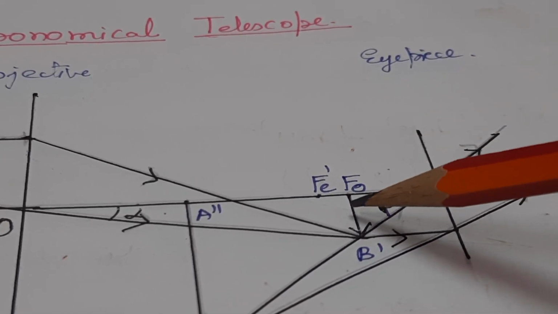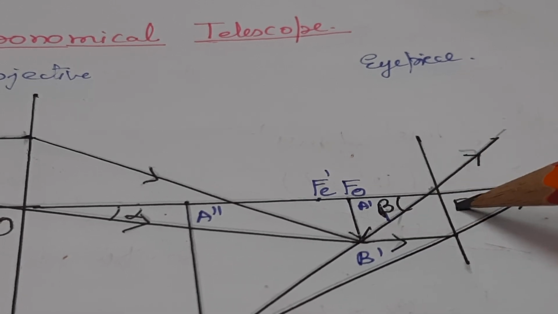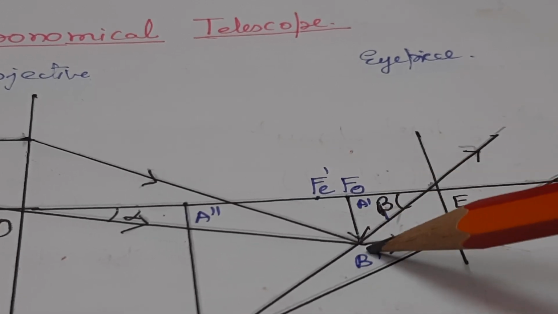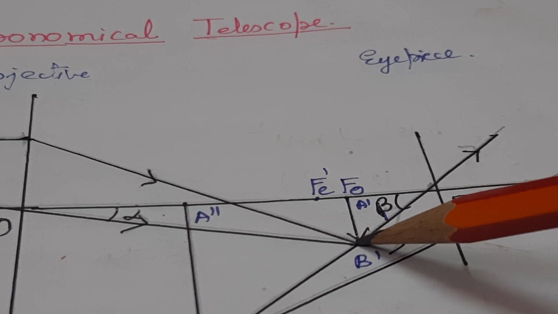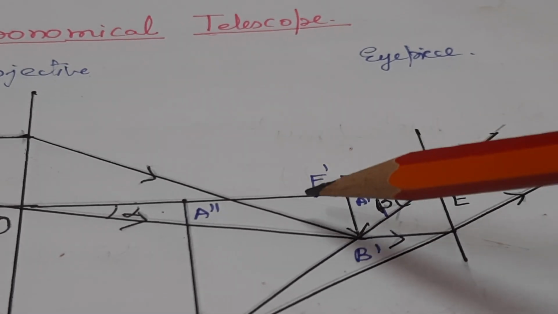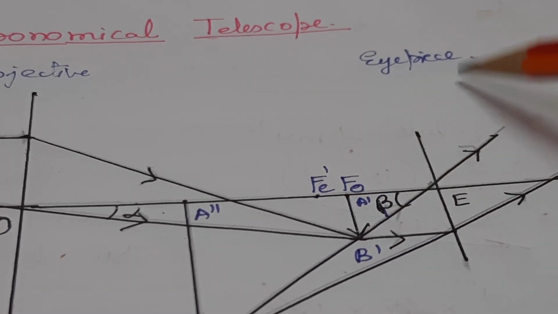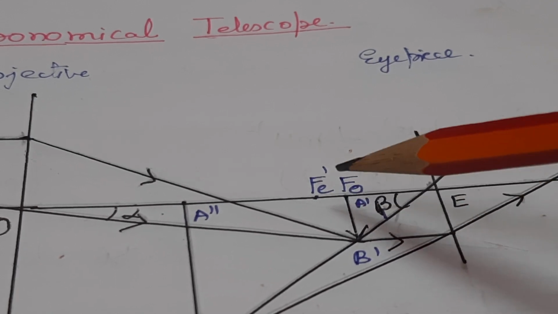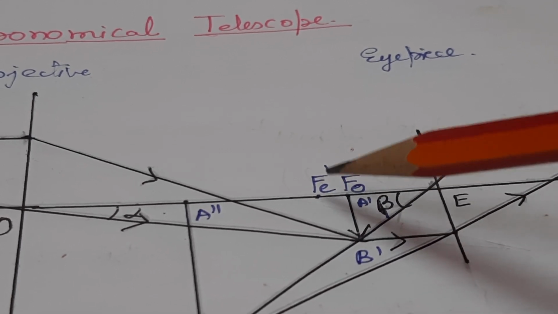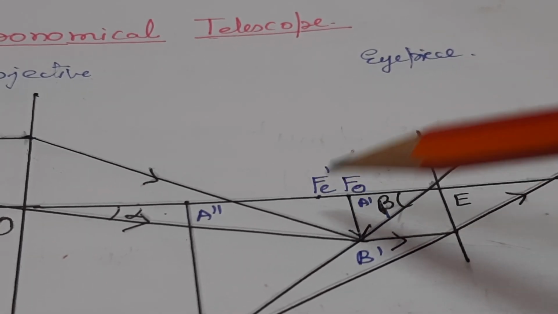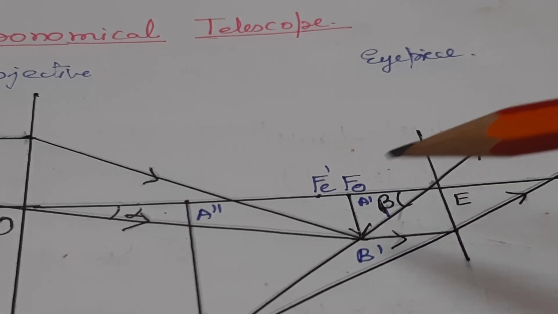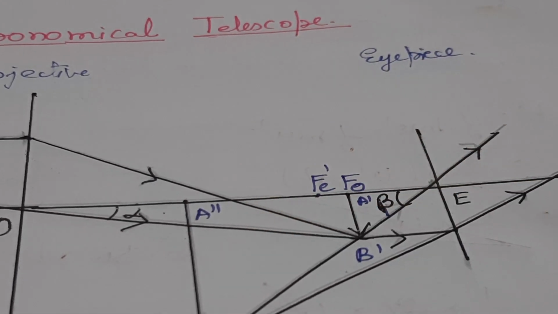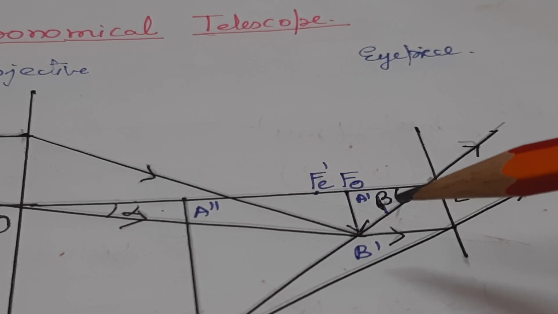Our virtual object is inverted and is kept within the focal length Fe of the eyepiece. When the object is kept between the focus and the optical center, the image forms on the same side, and a magnified image will form.